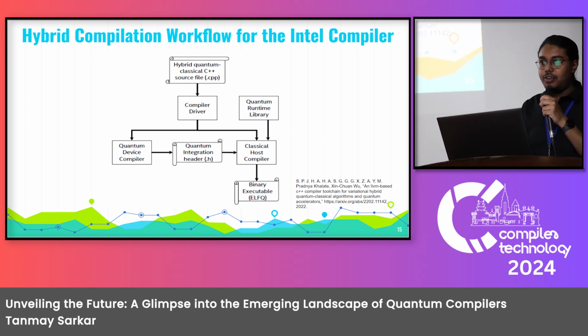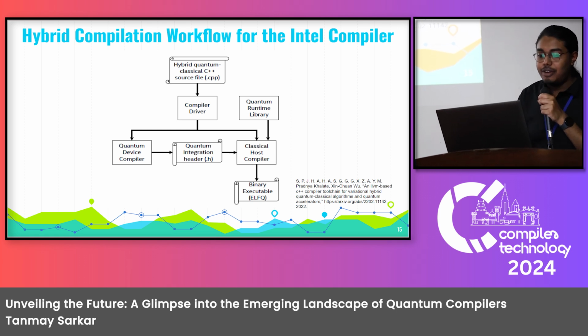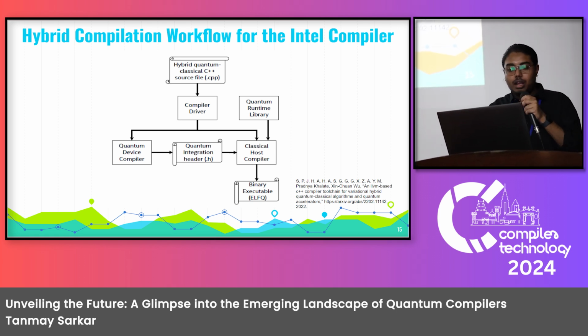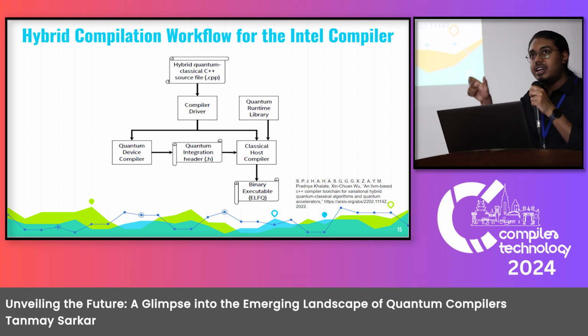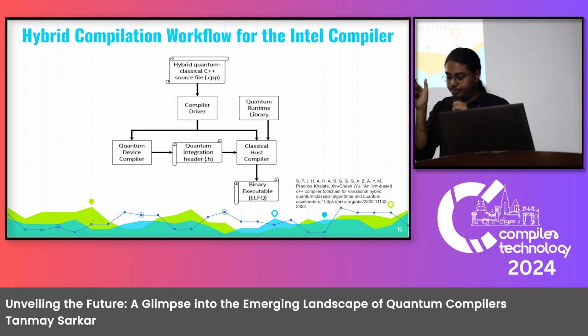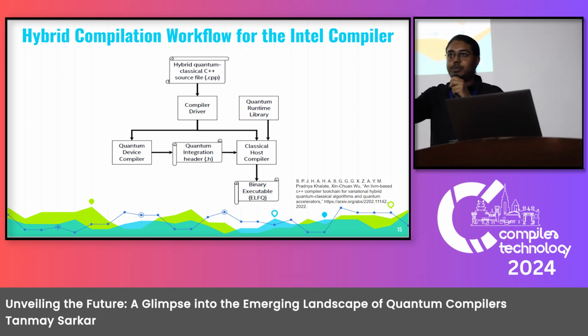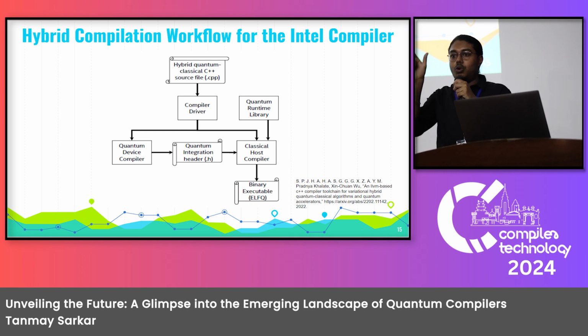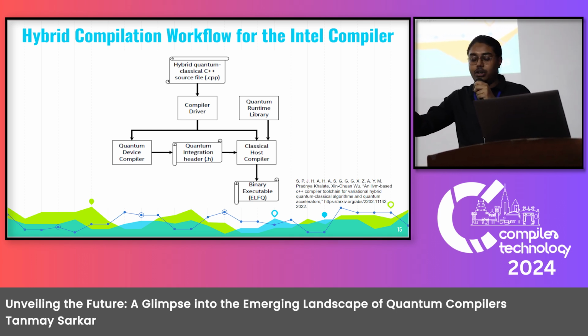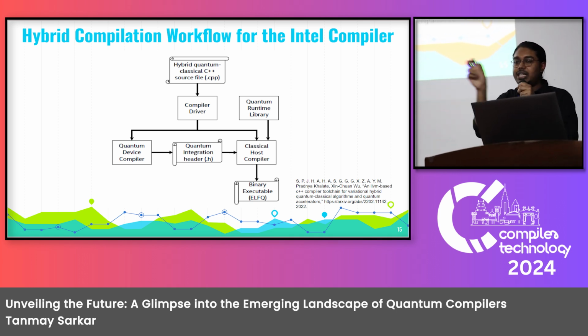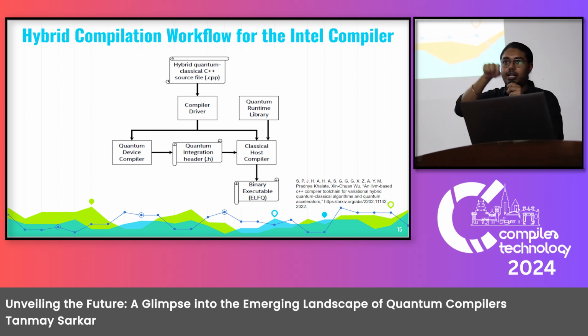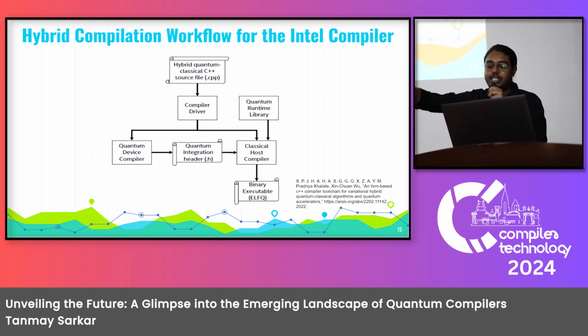So let's say you have your C++ file. What they have done is introduced a few quantum-specific data types: quantum kernels, quantum shared variables and so on. Quantum shared variables are variables that can be shared between the QPU and the CPU.